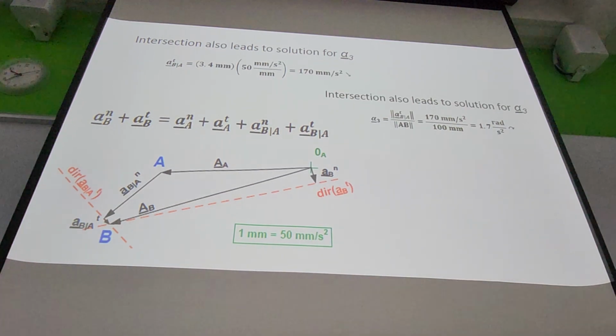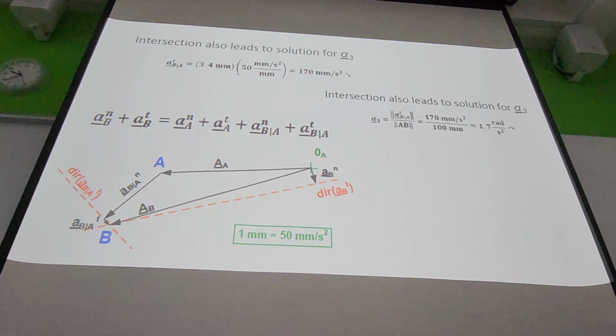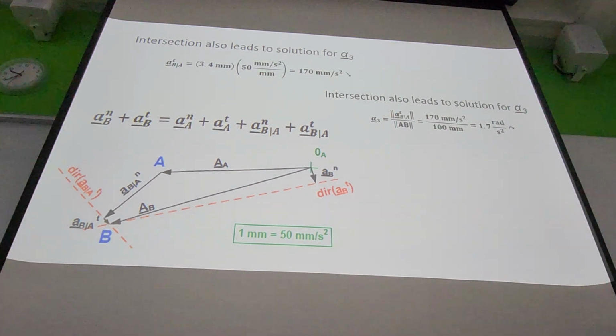So your acceleration of BA normal, BA tangent, you join these two things, and that will be your acceleration of B, the black arrow. So acceleration of A vector plus BA normal plus BA tangent is equal to acceleration of B. BA tangent you can measure the magnitude, that is about here.